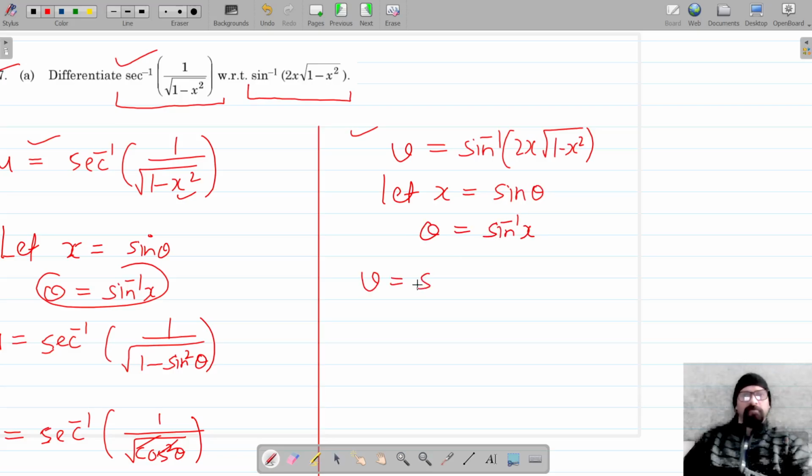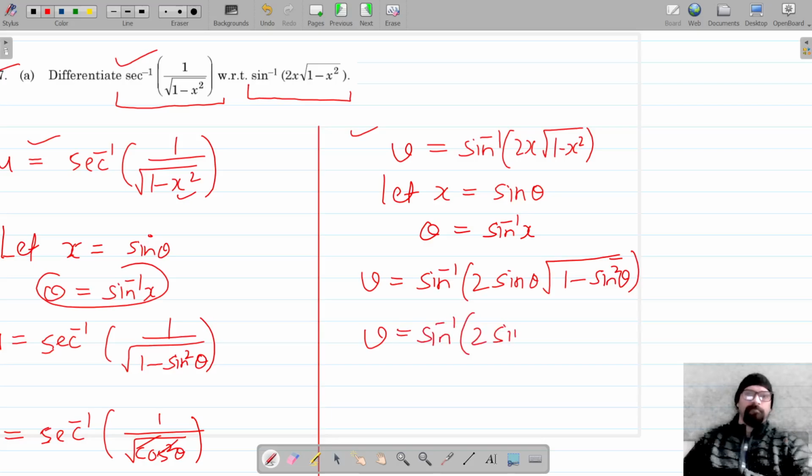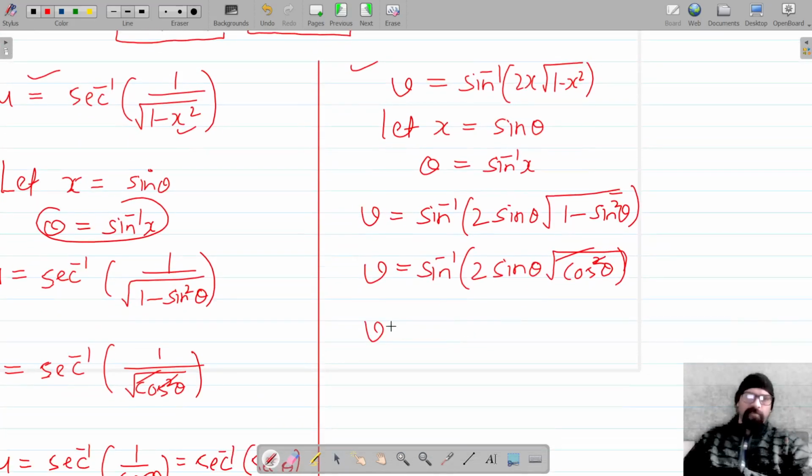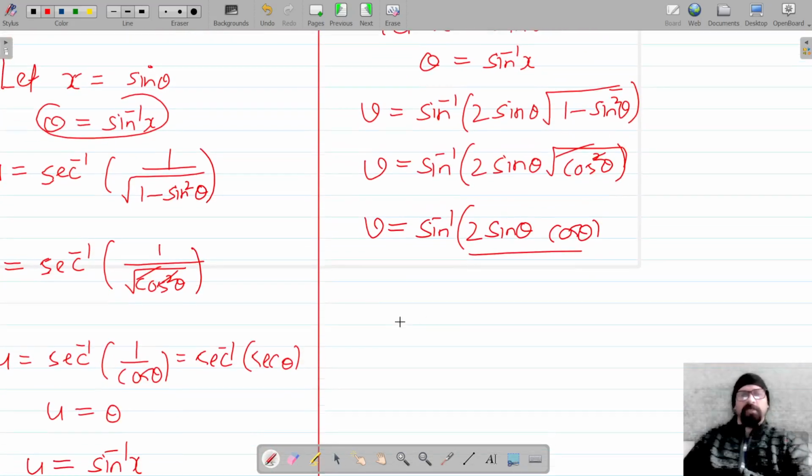So v is equal to sine inverse of x, which is sine theta, into under root 1 minus x squared, which is sine squared theta. So 1 minus sine squared theta is cos squared theta. This gets cancelled. So v is now equal to sine inverse of 2 sine theta into cos theta. Now 2 sine theta into cos theta is sine 2 theta. So v is equal to sine inverse of sine 2 theta.